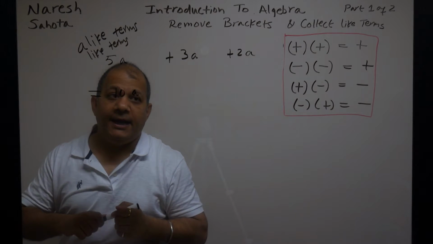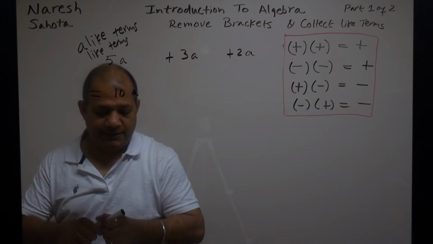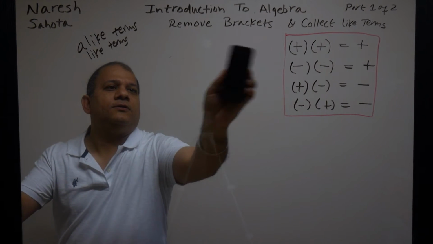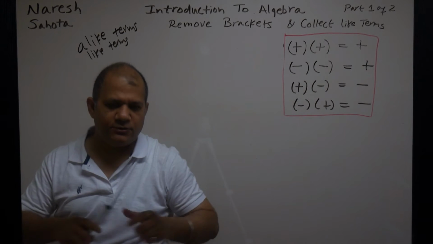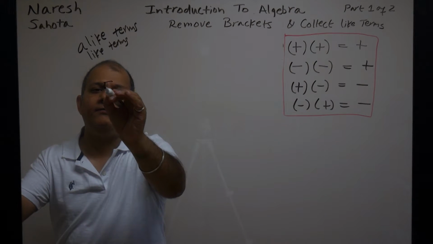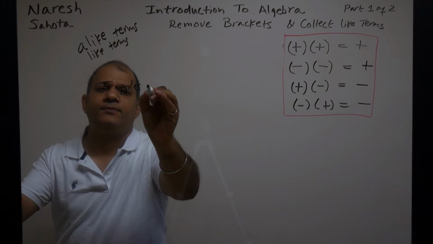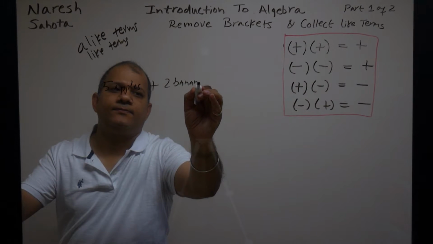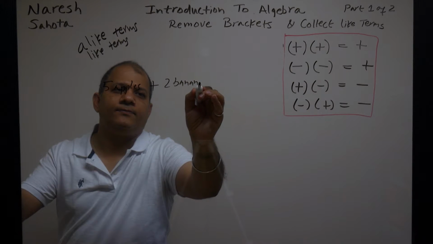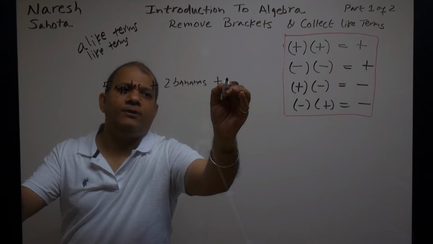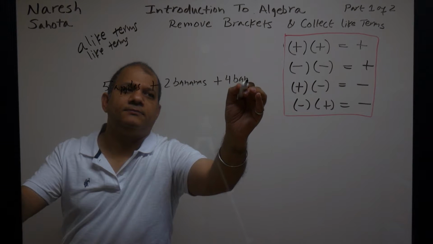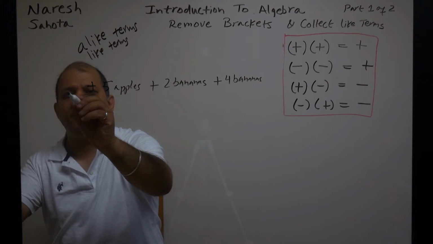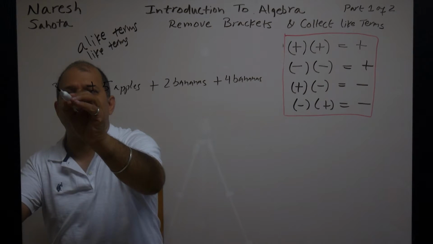So now what if, this time, let's just say we have 5 apples plus we have 2 bananas, and then we have, let's say, 4 bananas, and then in front here, let's say 3 apples.